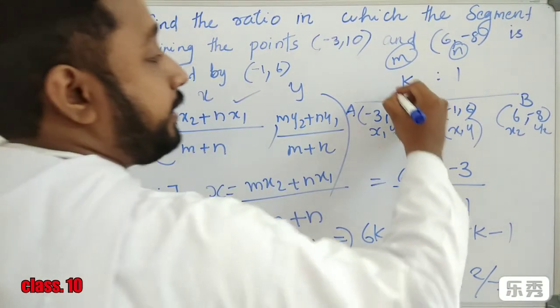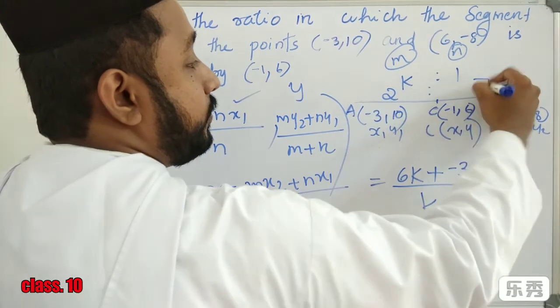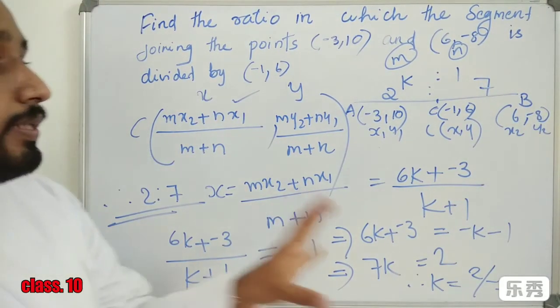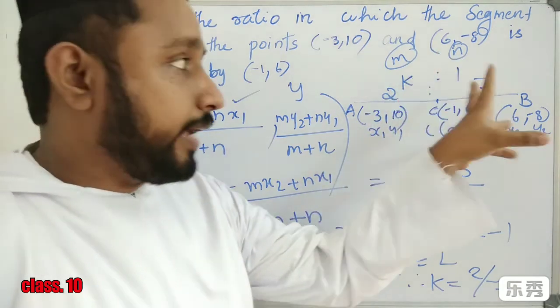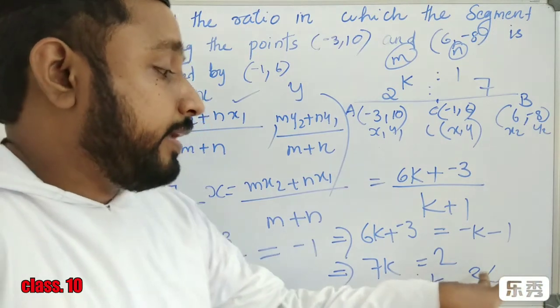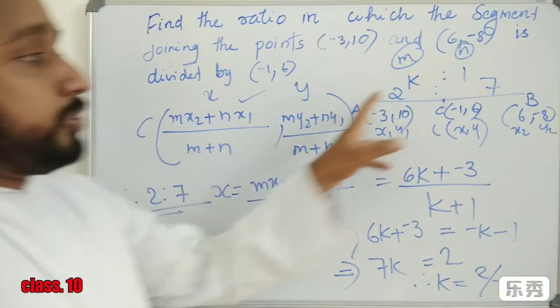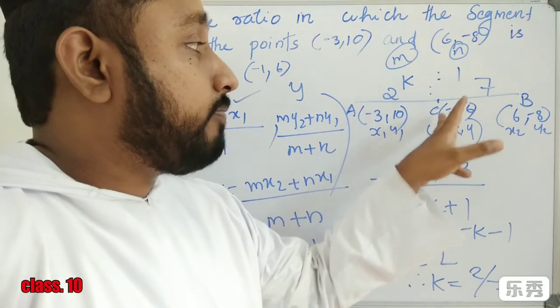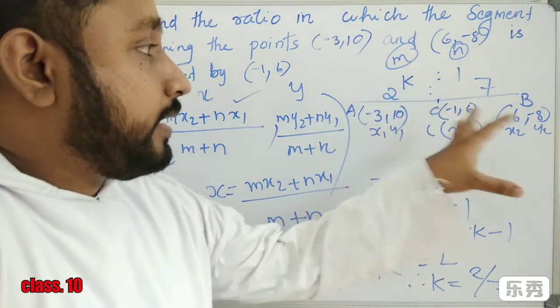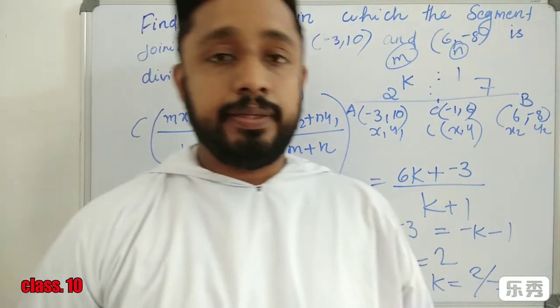So we are dividing this line in the ratio 2:7. So first step is taking the ratio as k:1 and find the value of k. Then we will get a fraction. Then 2:7, the ratio in which we are cutting the line segment joining A and B.